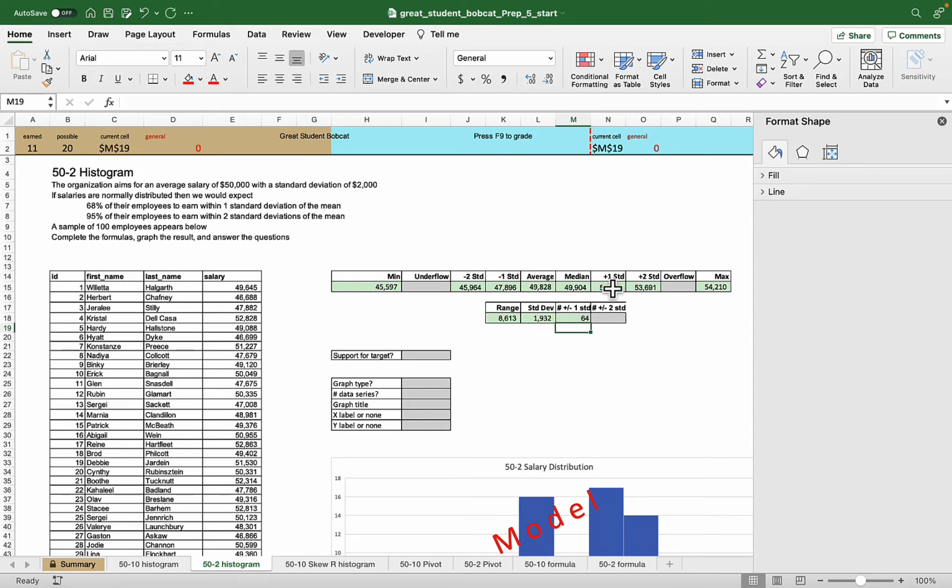So it's really close, right? Instead of 68%, we have 64%, but really close. All right, now let's look at two standard deviations. Equals COUNTIFS.